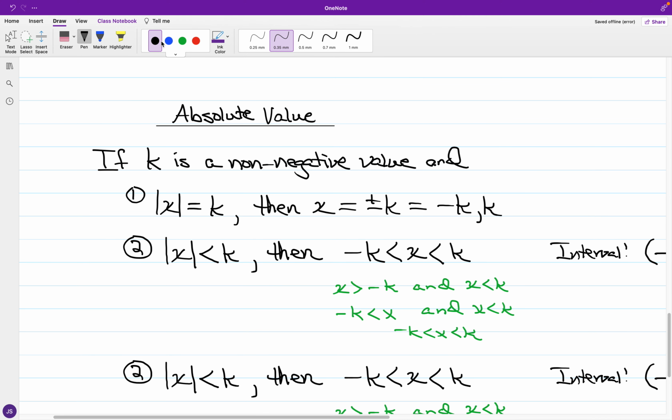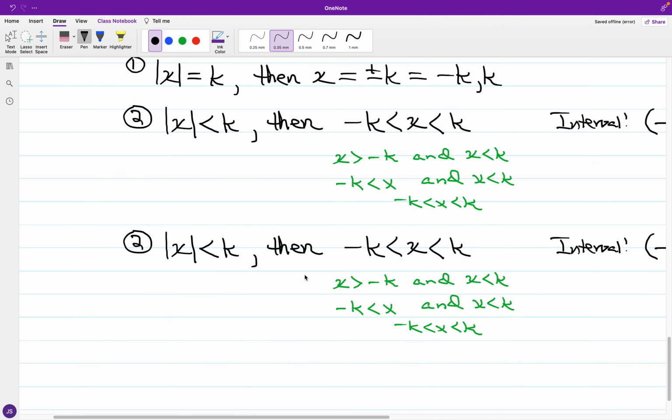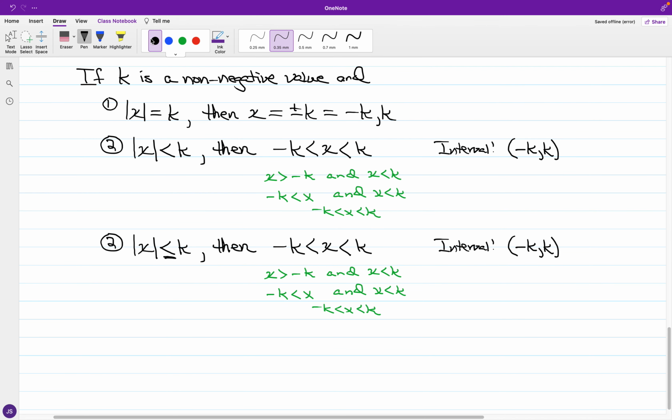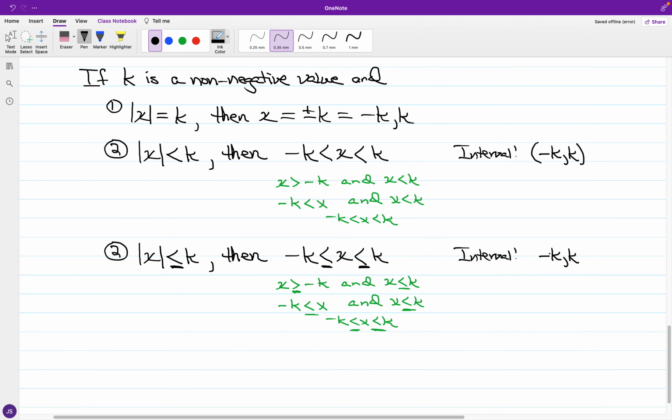If we have this time that the absolute value of x is less than or equal to k, then we have a compound inequality where this time you're going to have negative k is less than or equal to x, is less than or equal to k. And the interval notation for this, since we have equal alongside negative and positive k, is going to have brackets surrounding these values.